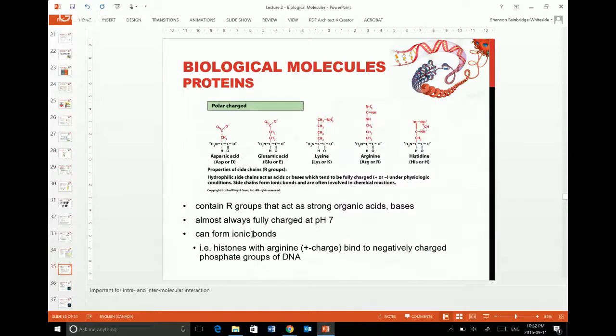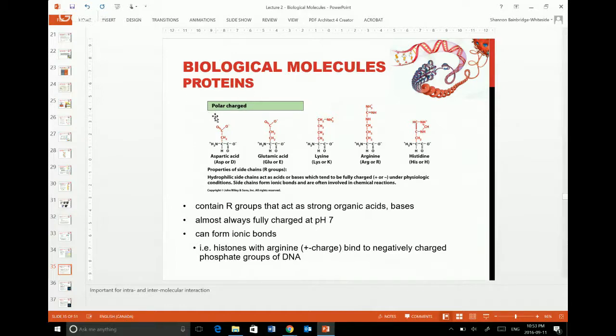So the first group are polar charged, and you can see that there are 5 different amino acids listed that fall into that category. Again, if we look at any of these amino acids, they all have the alpha carbon in the middle, a carboxyl group, an amine group, and then in red, it is their R side chain, which makes them very different from one another.